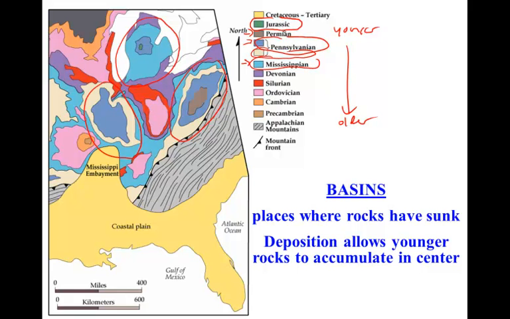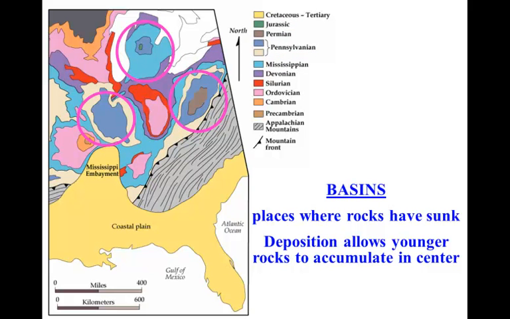It's surrounded by progressively older Pennsylvanian, Mississippian, and Devonian rock. Again, basins are caused by subsidence across a broad area, allowing progressively younger rock layers to be formed or preserved in the center of the structure. Older rocks surround the edges of the structure.